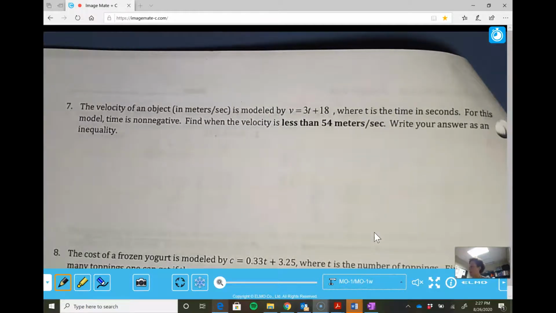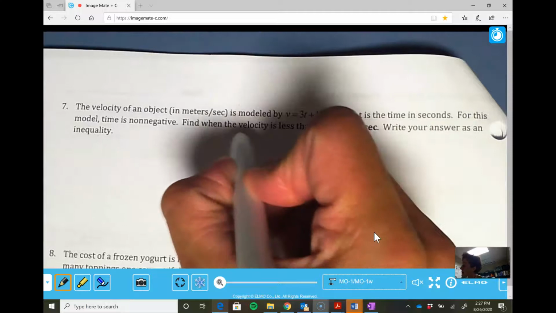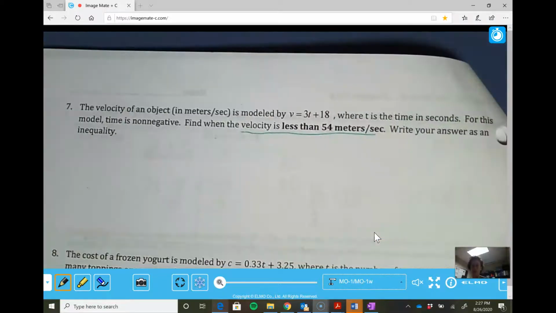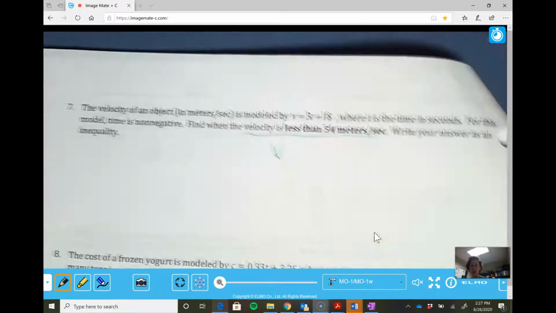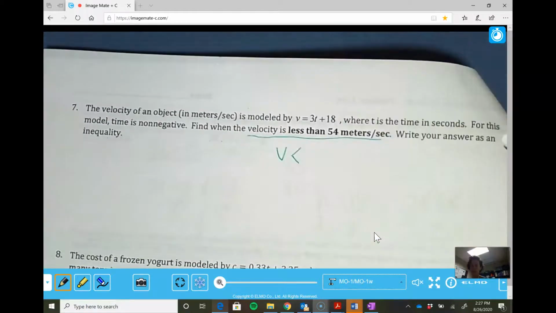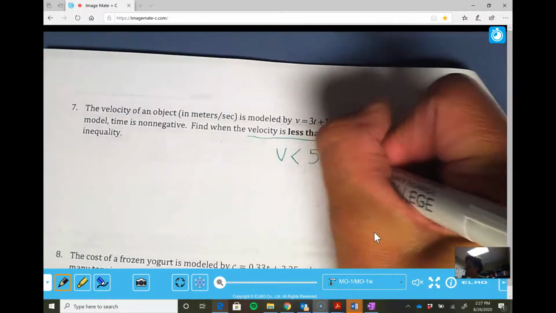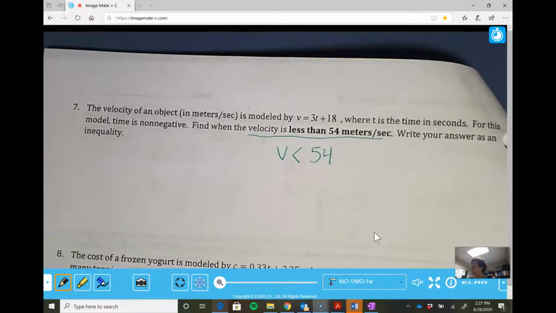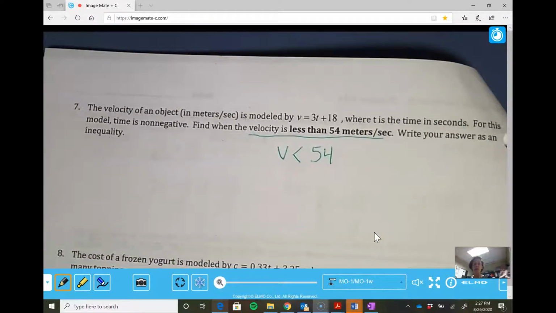So let me just show you another way to approach this. I'm going to take this sentence and write it as an inequality, right? The velocity, v, is less than 54 meters per second. I'm going to leave the meters per second out. You know how when we did the section, given x find y, given y find x, we would substitute numbers in?